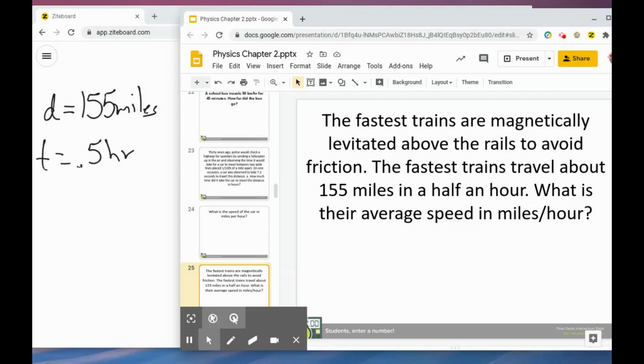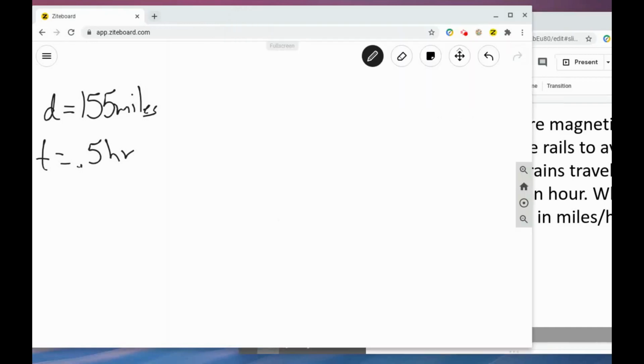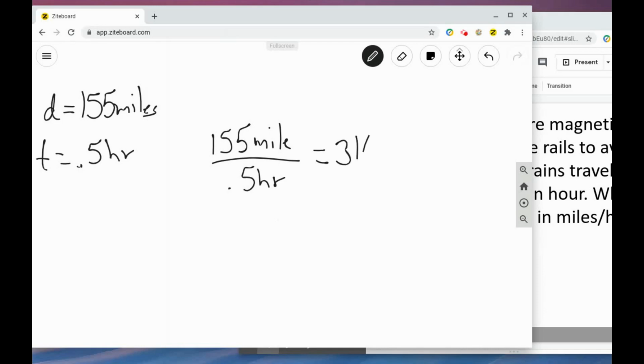Then we need to just divide those out. 155 miles over 0.5 hours, and that's going to give us 310 miles per hour.